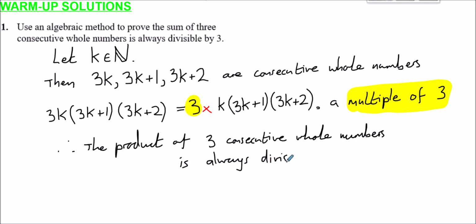And that's all we need to do for this one. My little square just means the proof's complete. That's optional, I just like doing it.